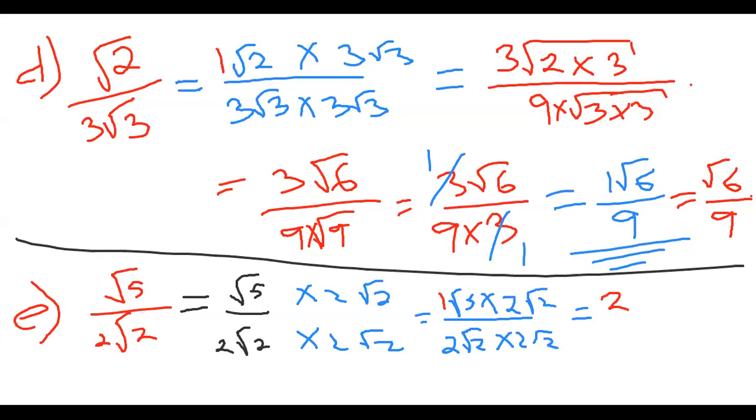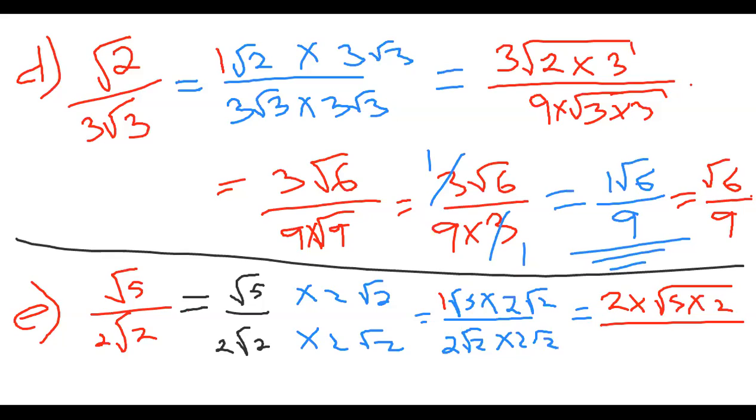And under a root times under a root, this root 5 times root 2 shall have 5 times 2 under the same root, divide by 2 and this 2, you multiply them.